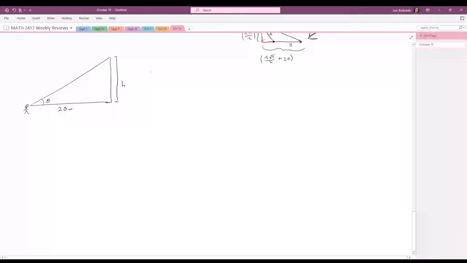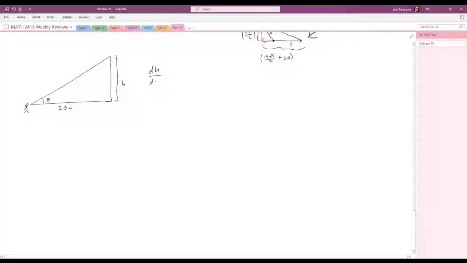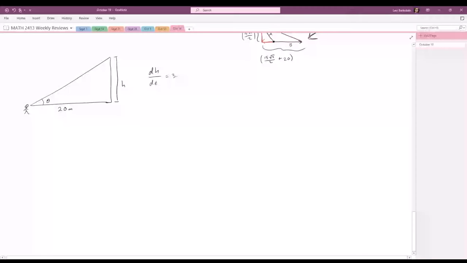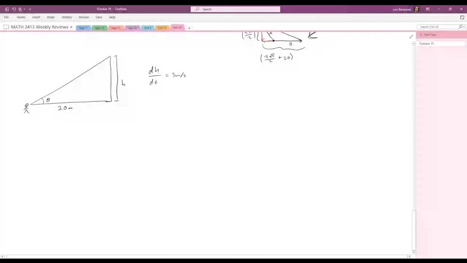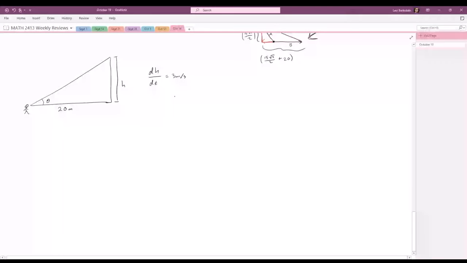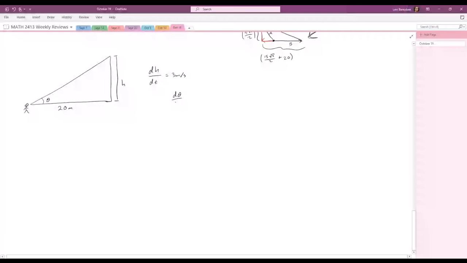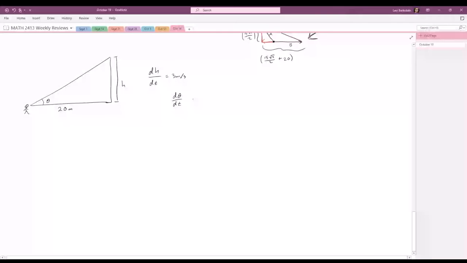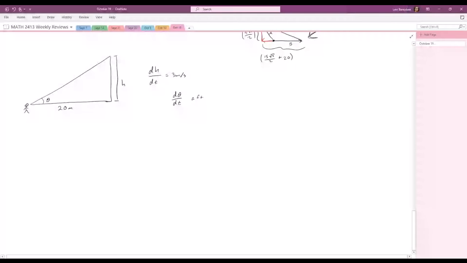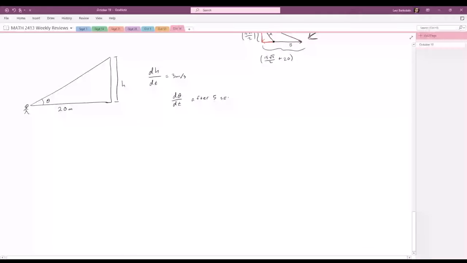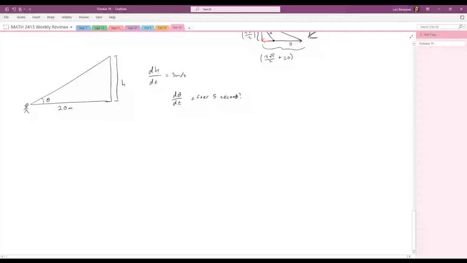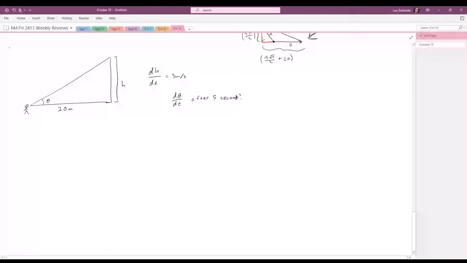So if the balloon is rising at 3 meters per second, I want to know how fast is the angle of elevation changing? Or in other words, what is d theta over dt after 5 seconds? And I will give you guys a couple of minutes to work on that.